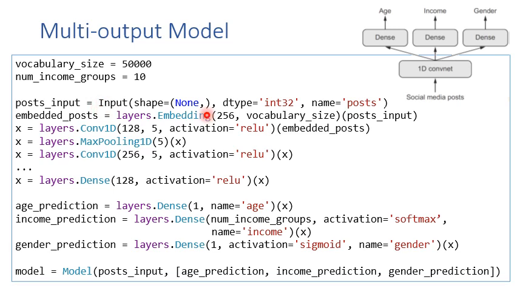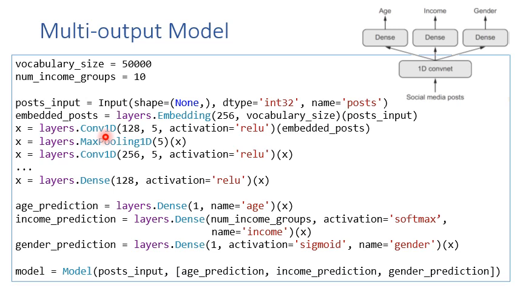And then the post input will pass through the embedding layer. The embedding layer will reduce the dimension to 256. So the new output, embedded post, is a vector with 256 entries.